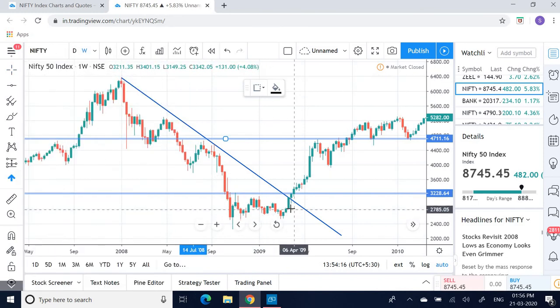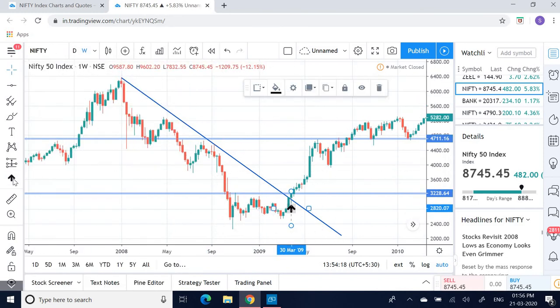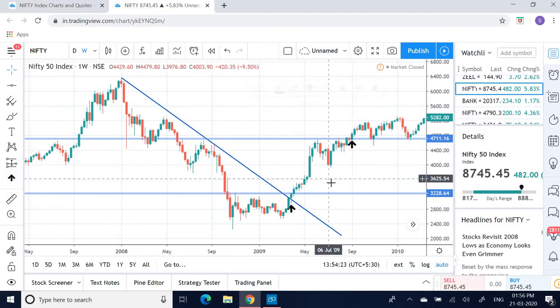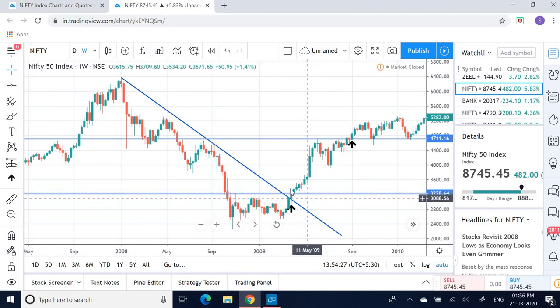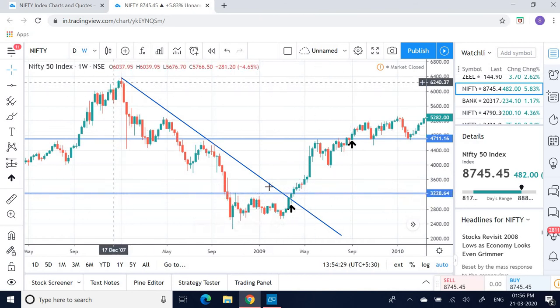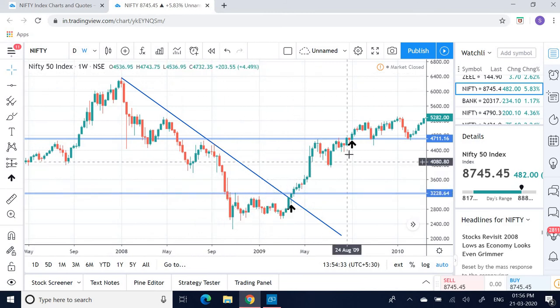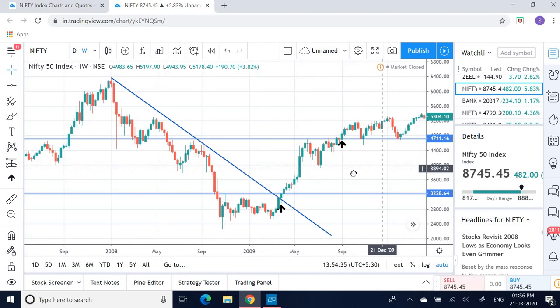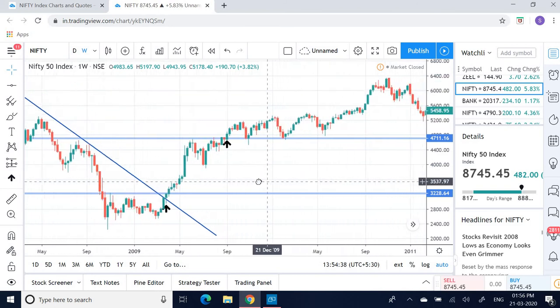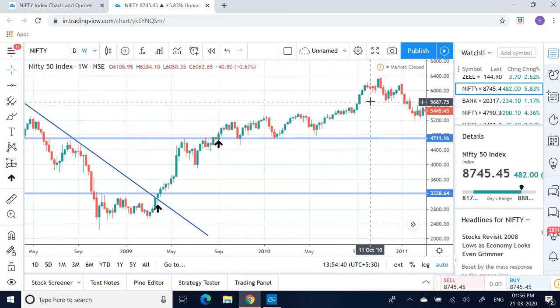If you want to be conservative, here somewhere. Somewhere around 3,200 you could have entered using just simple trend line and Dow theory. Conservative entry was 4,700, and you can see what price could have done.